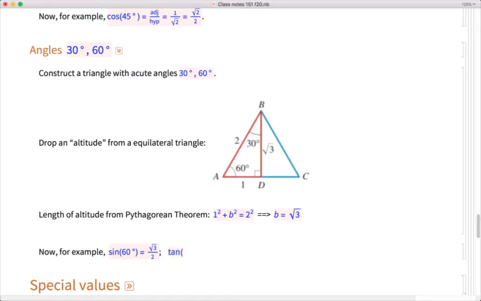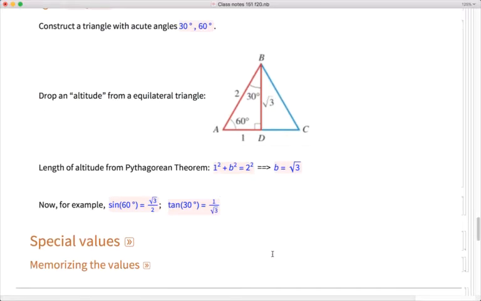Let's compute the tangent of 30 degrees. Okay, so the acute angle is up here now. The tangent is the opposite over the adjacent. So the opposite to 30 is 1, and the adjacent to 30 is root 3. So this ratio is 1 over square root 3.